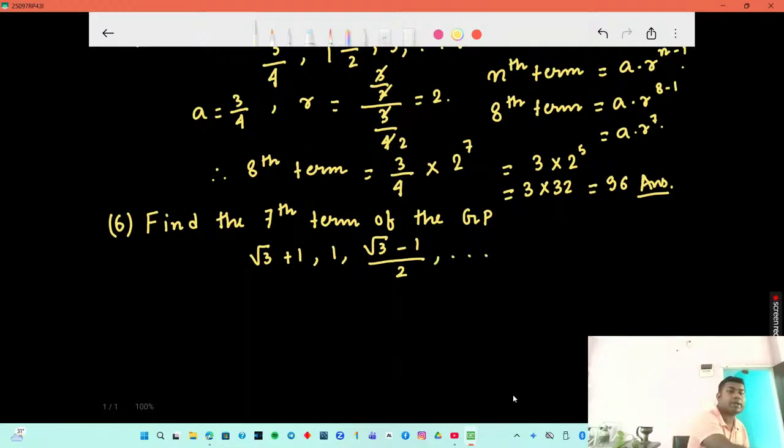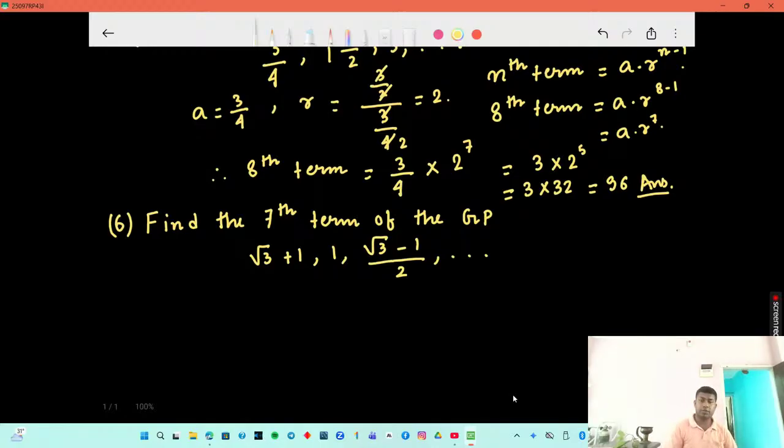So what we have to find here? We have to find the seventh term of the GP. Is it clear?